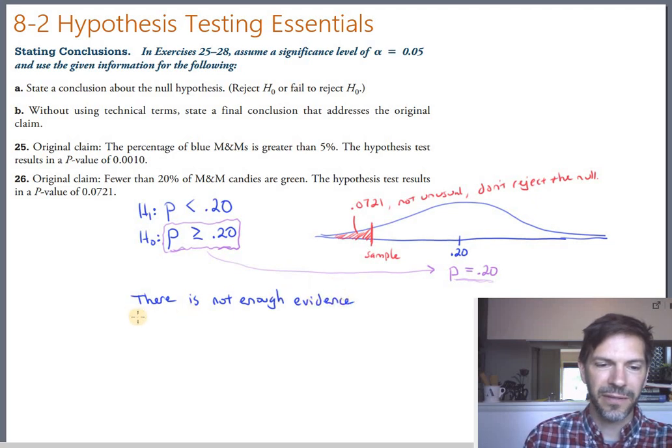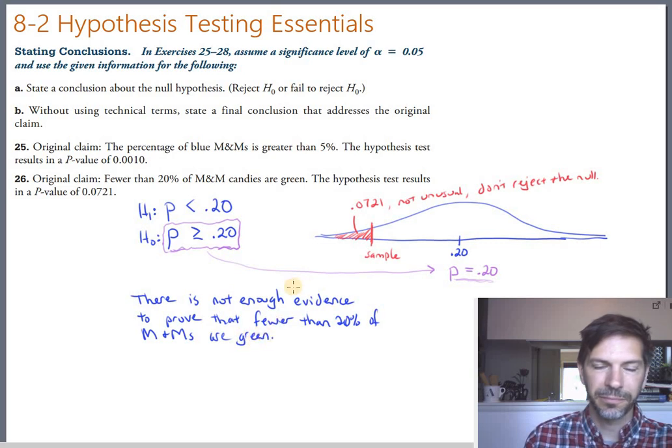So there's not enough evidence to prove the claim, to prove that fewer than 20% of M&Ms are green.